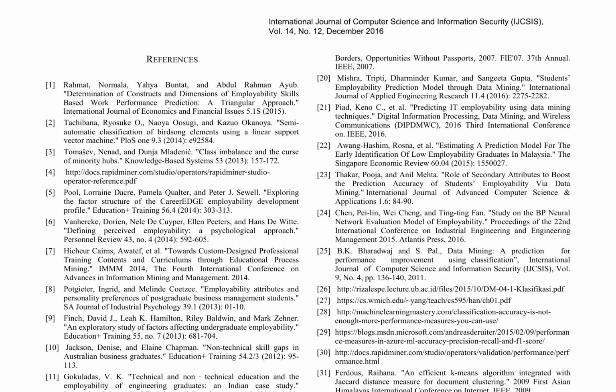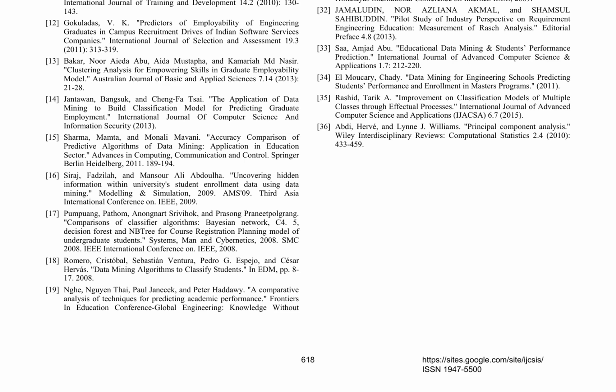The use of decision trees, for instance, allows for the identification of key factors contributing to employability. Neural networks, on the other hand, are effective in modeling complex relationships between attributes and employability outcomes. Clustering methods enable the segmentation of graduates into distinct groups based on their attributes, facilitating targeted interventions aimed at enhancing employability.